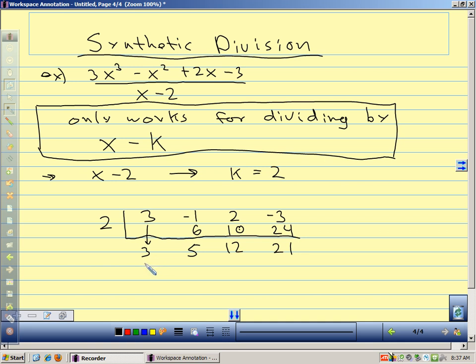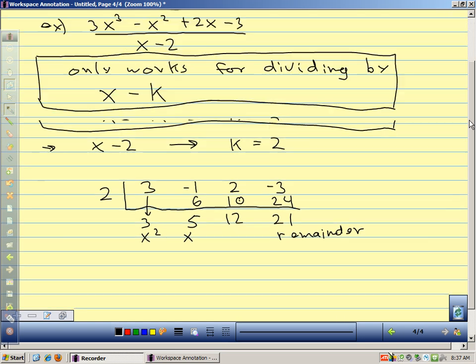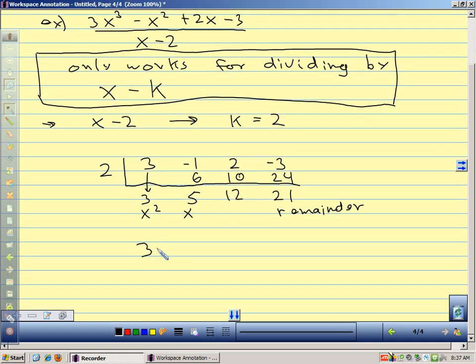So this is my x squared, this is my x, this is my constant, and this is my remainder. So my answer is 3x squared plus 5x plus 12 plus 21 over x minus 2.